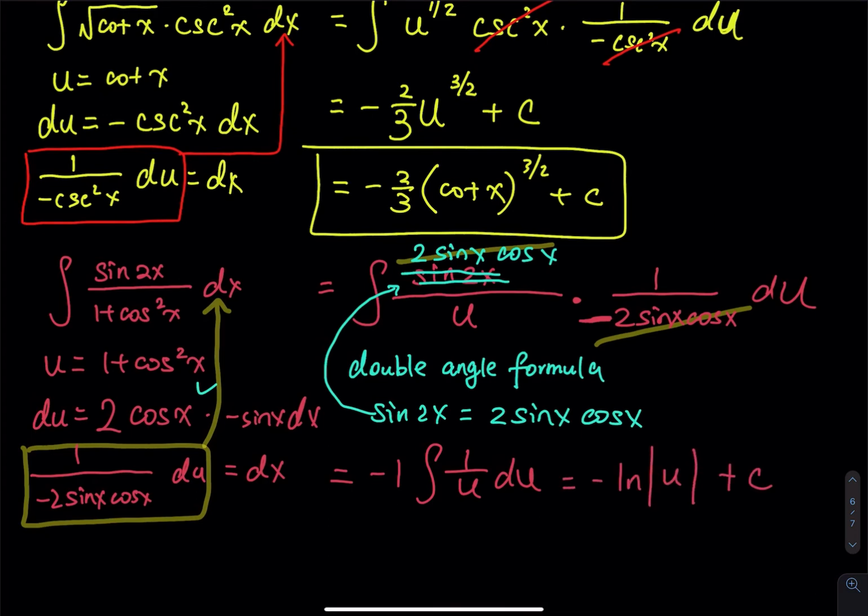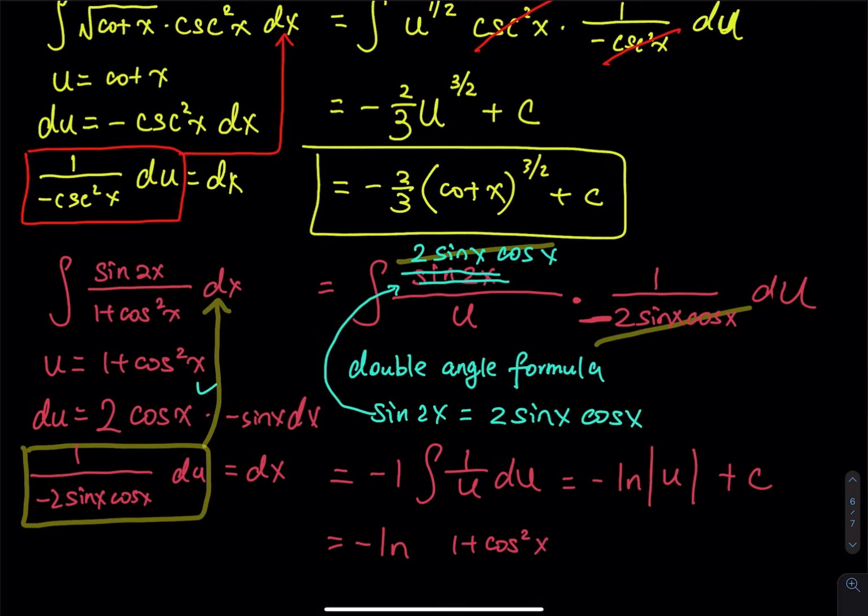Is the absolute value optional? The answer is no. It is not optional. You can take away the absolute value only if you can prove that the quantity inside the absolute value is absolutely positive, which is the reason why I picked this problem. So we have negative ln. What goes to u? That is 1 plus cosine square x. Cosine square x is positive, right? Because you square.